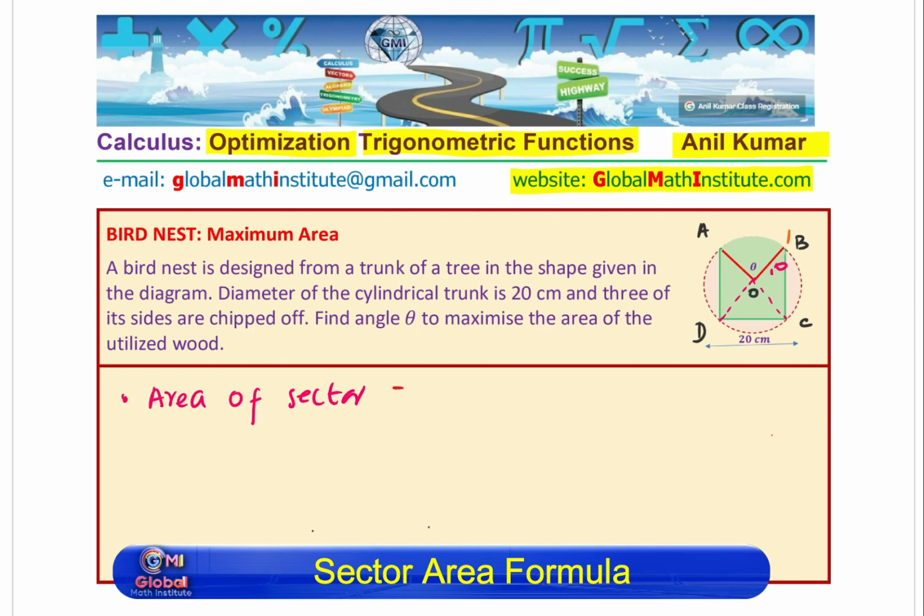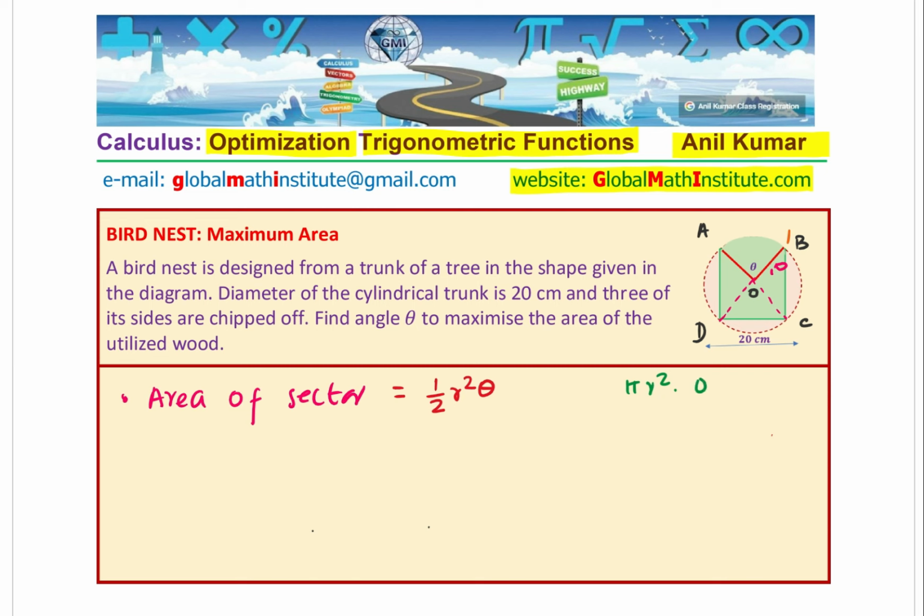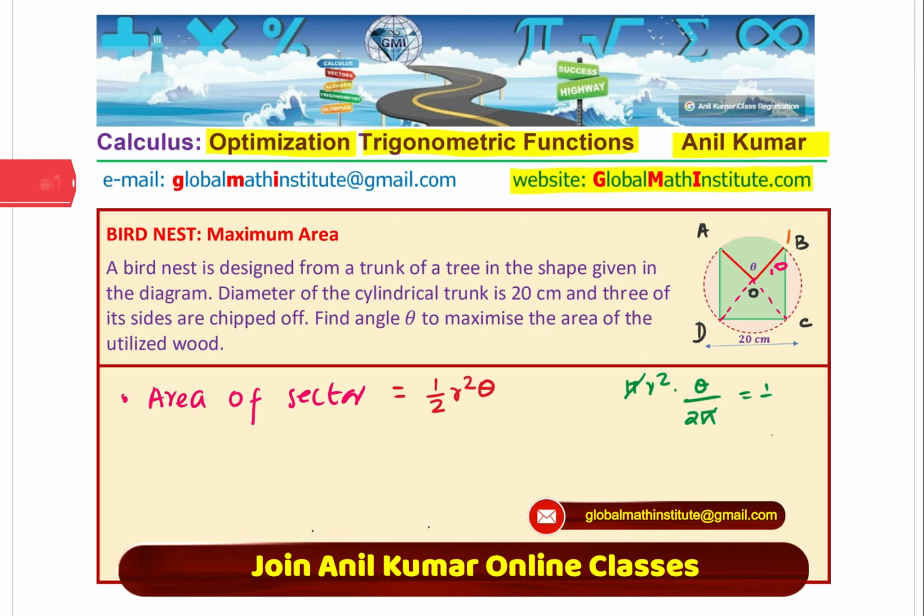Formula for area of sector is, as you know, half r square theta, right? Which you can derive: pi r square is the area of the circle times theta divided by 2 pi, right? So the area is pi r square times the angle theta divided by total angle, which is 2 pi, right? So you cancel pi and you get half r square theta. That's the formula for area of sector.